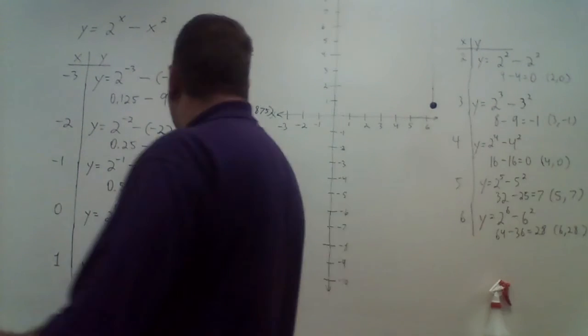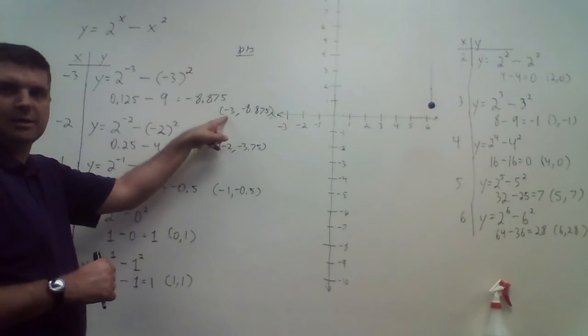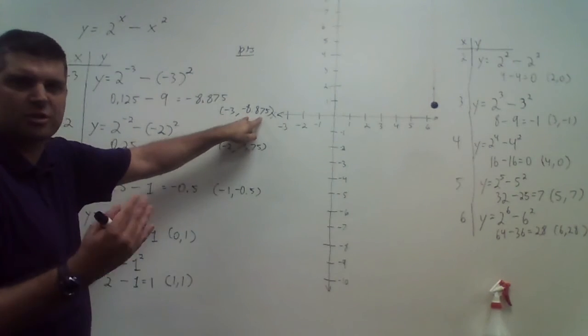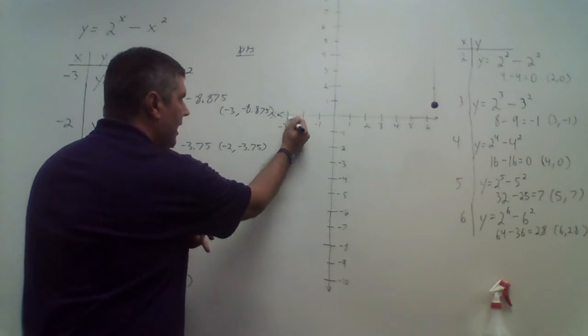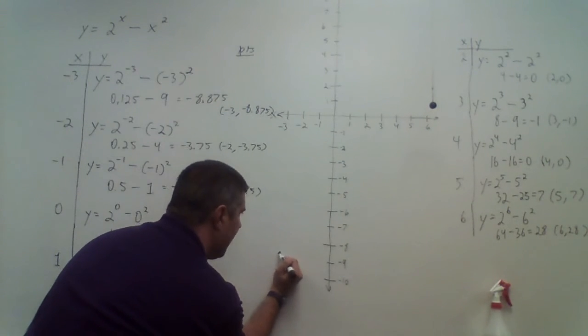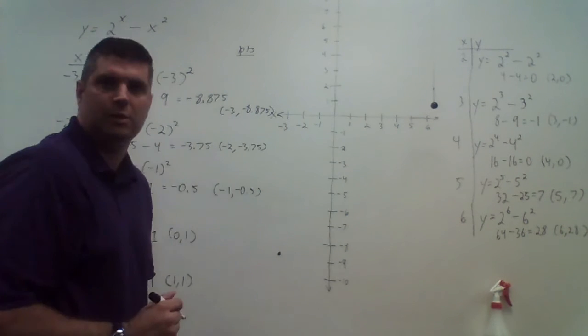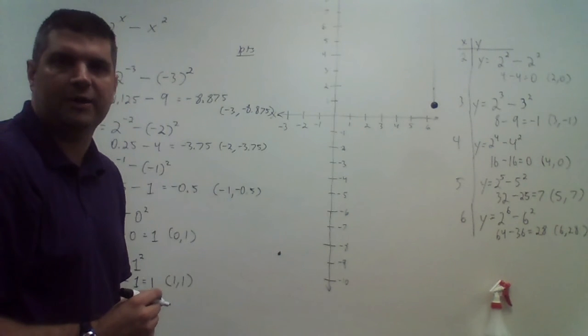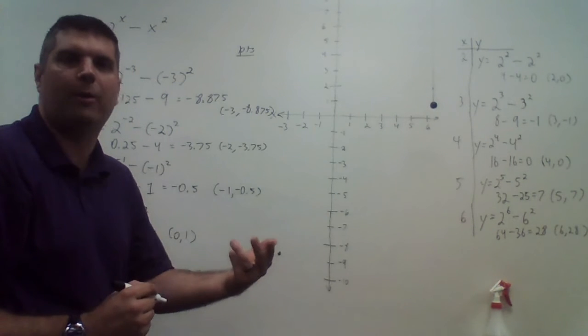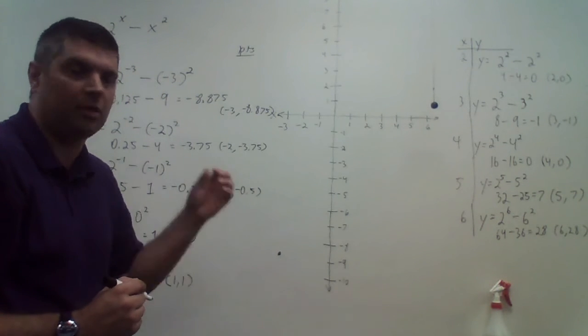So I've got negative 3, negative 8.875. That's almost 9, so that's where I'll go. Negative 3 on the number line, almost down to 9. Remember, folks, this is a sketch. It doesn't have to be perfect. You want this done perfectly, you're going to need to use a computer or tablet with a graphing program or a graphing calculator.